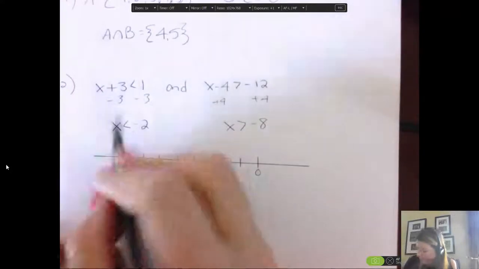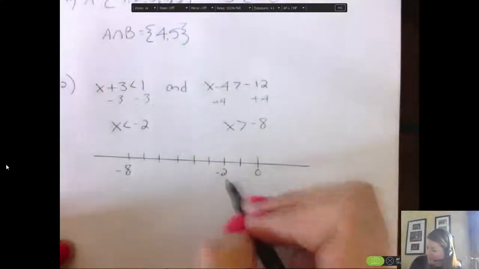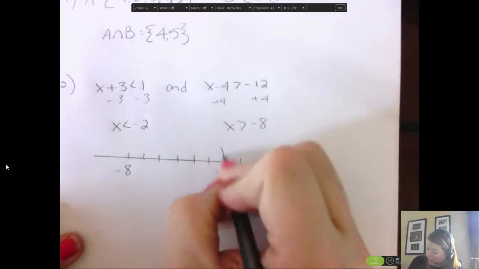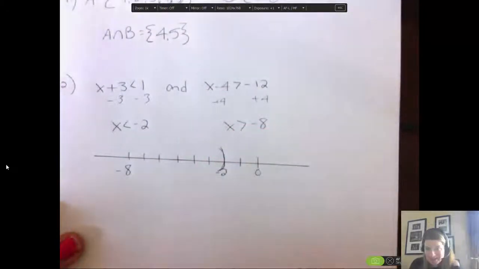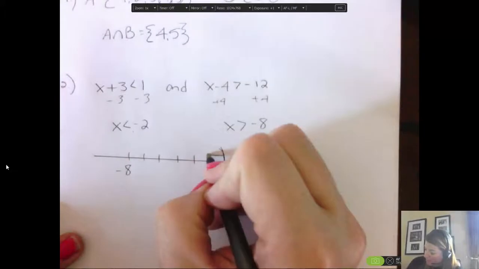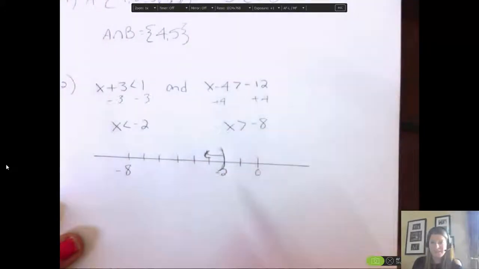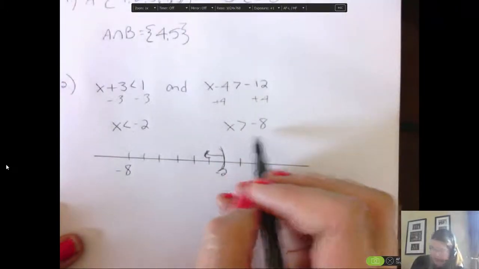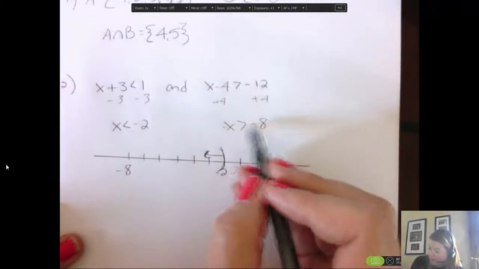Here's negative 8. This one says x is less than negative 2, and it's a round bracket or an open dot. It depends on your book, but most of them use the parenthesis, partially because you can type a parenthesis easier than an open dot. And then x is greater than negative 8.